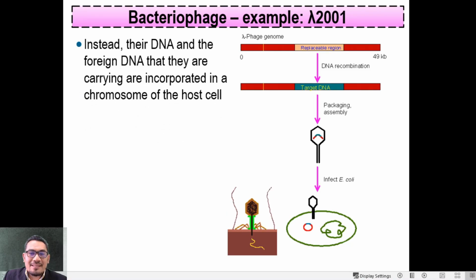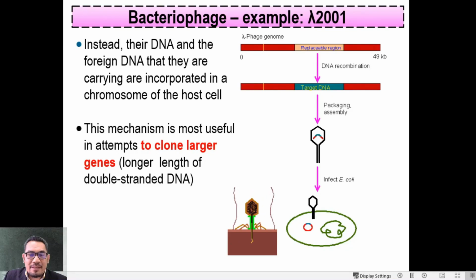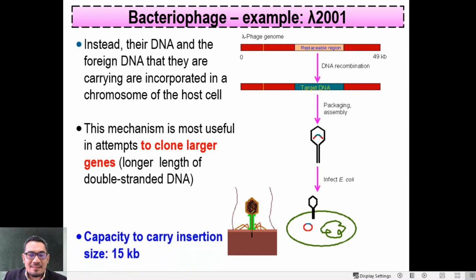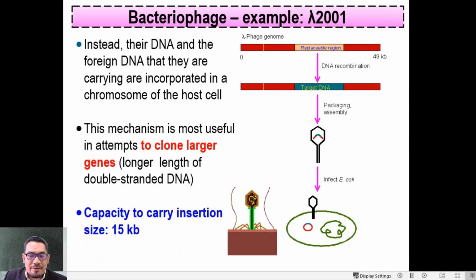Instead, their DNA and the foreign DNA that they are carrying are incorporated in a chromosome of the host cell. This mechanism is most useful in attempts to clone larger genes. The capacity to carry insertion size is 15 kilobases.